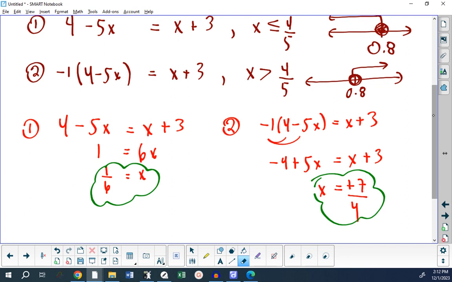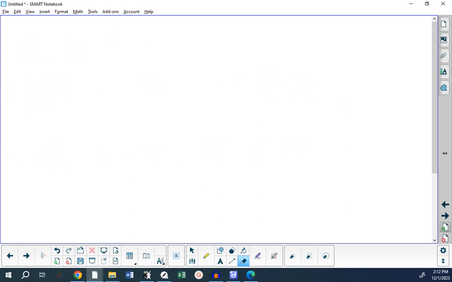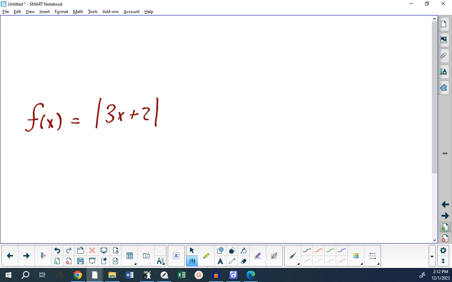So that's the whole principle behind these absolute values. That's what you're doing. If it were a function, I can give you one more example. If it were a function and I said write the following function in piecewise fashion, what that means is you're going to write it as two different functions that put together give us this function.